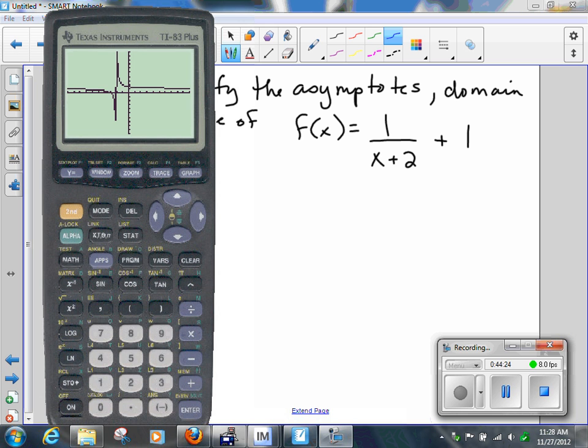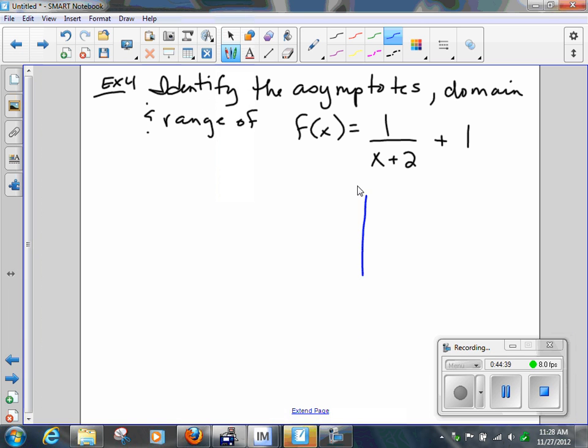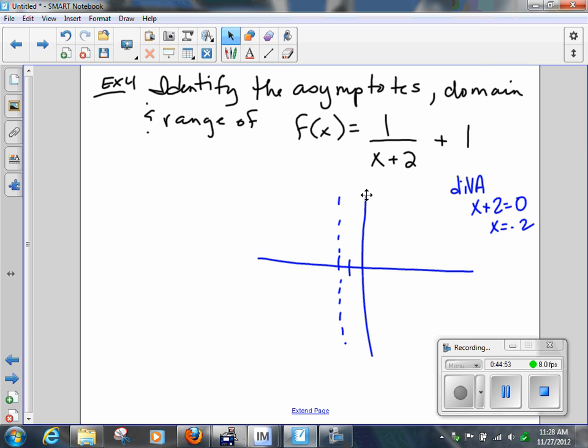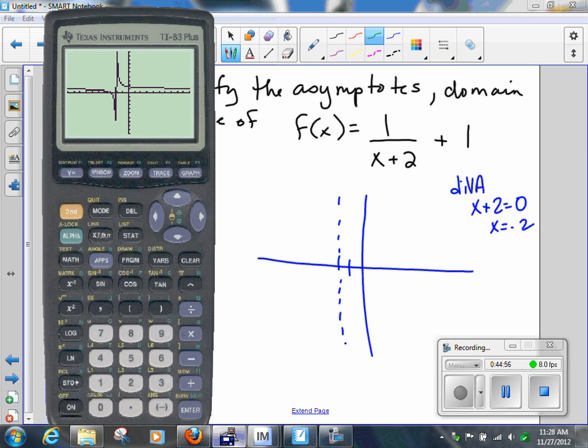Clearly on my beautiful graph that you guys are totally hating on, what is very clear? The vertical asymptote where? -2, okay? I'm going to go ahead and draw that. -2, and I would also know that because the denominator equals 0, x plus 2 equals 0, x is equal to -2. So my dotted line, okay? Go back to that graph. But what else is going on here?